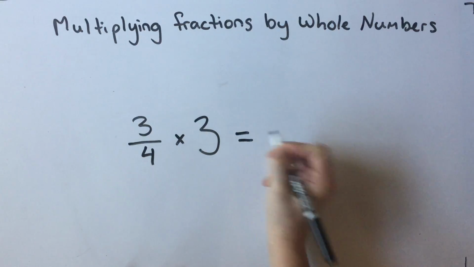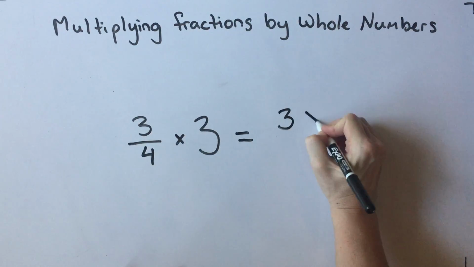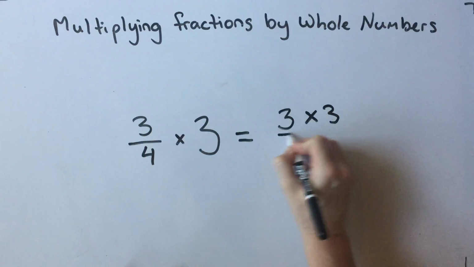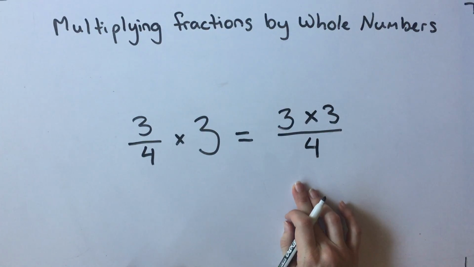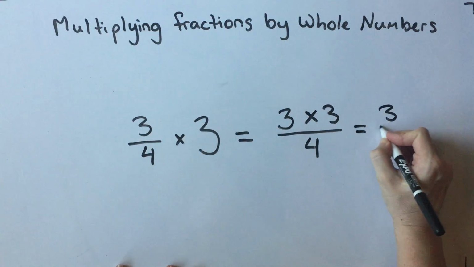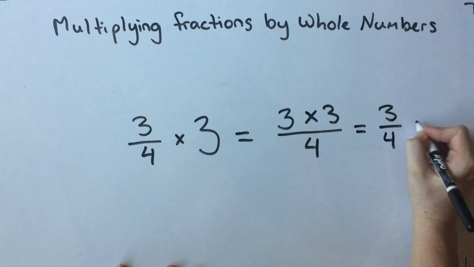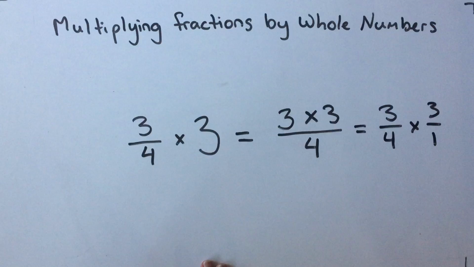We can also rewrite it. We can just move it up here, and we can say 3 times 3/4. That is exactly 100% the same as writing it like this, 3/4 times 3/1. Why is that the same thing?